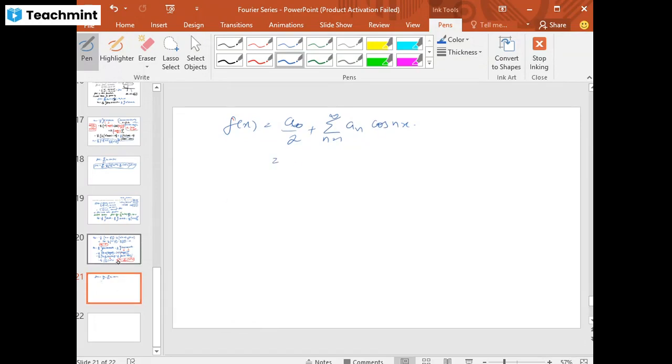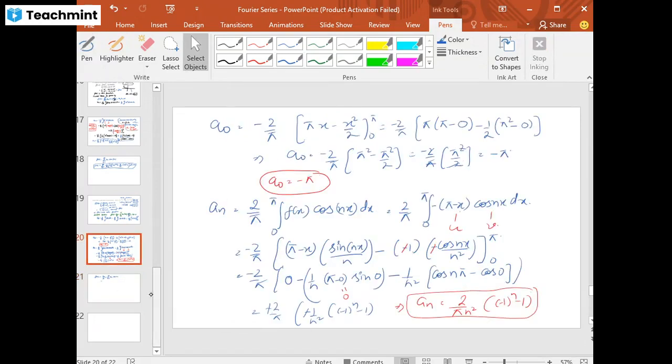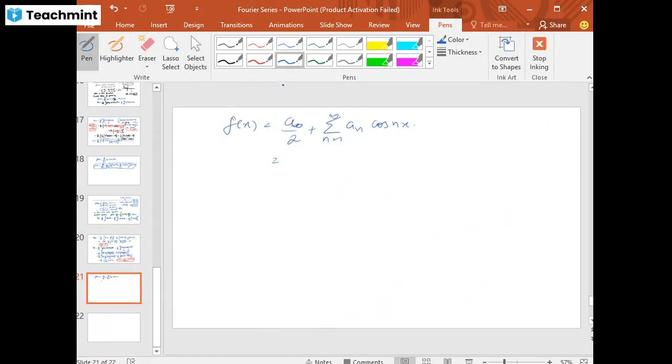So the value of a naught is minus pi, so this is minus pi by 2, and the value of an is 2 upon pi n square, minus 1 raised to power n minus 1 into cos of nx.